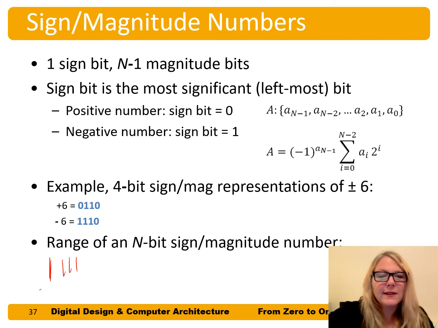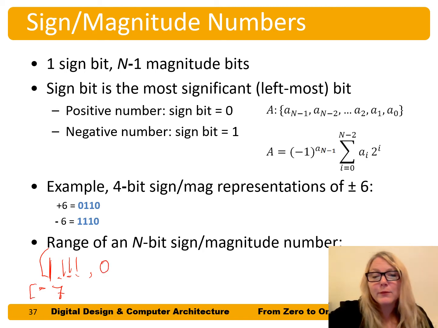The magnitude is 1 plus 2 plus 4, so we get minus 7. The most positive number is a 0 in the sign bit to indicate positive, and all 1s in the magnitude bits. And so we get minus 7 to 7.